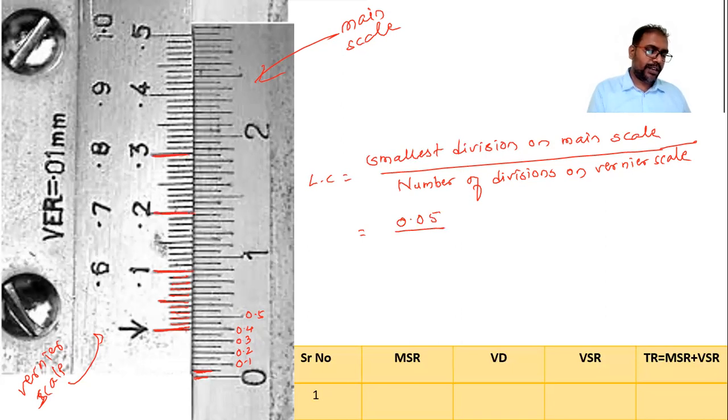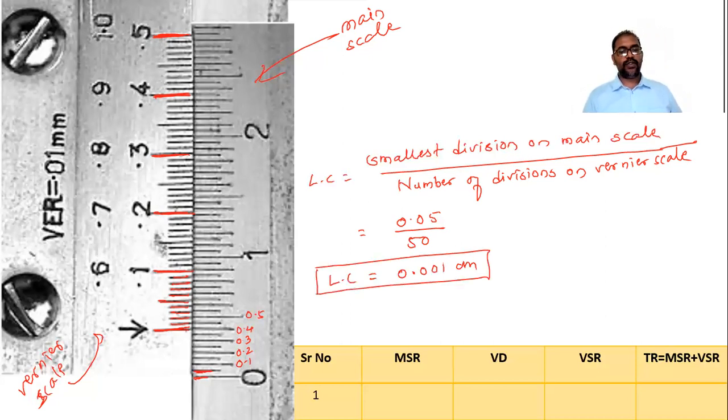Up to 0.3 means 30 divisions. 0.4 is 40 divisions. And this is 50 divisions. Total number of divisions is 50. So 0.05 divided by 50 is 0.001 centimeter. This is the least count of this traveling microscope.